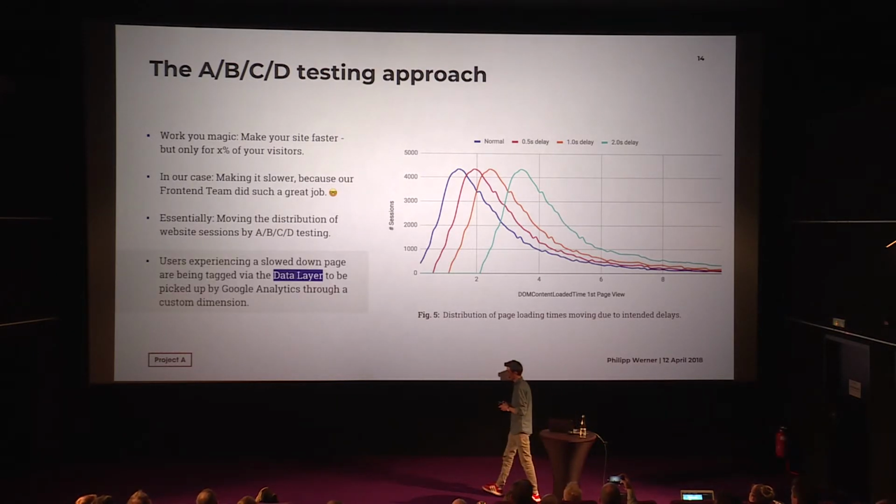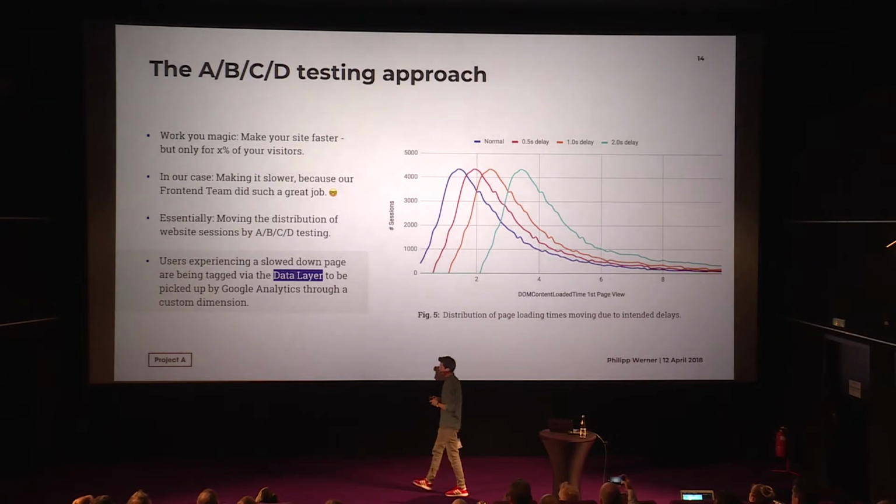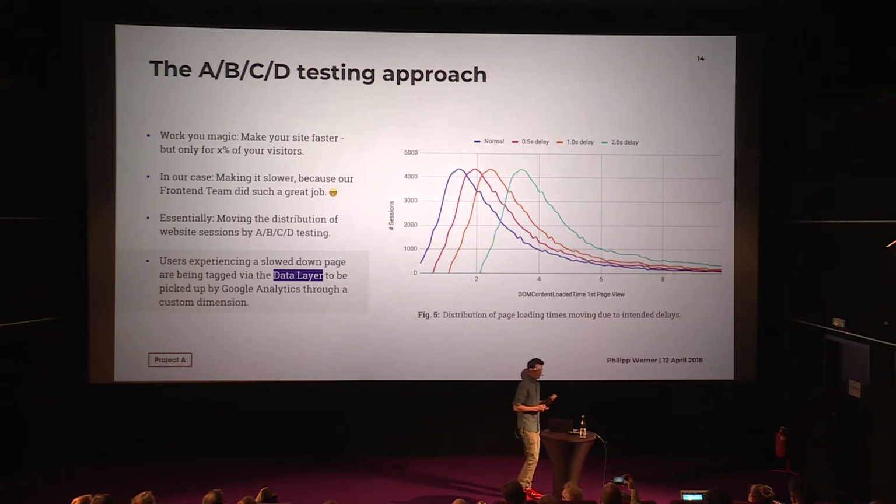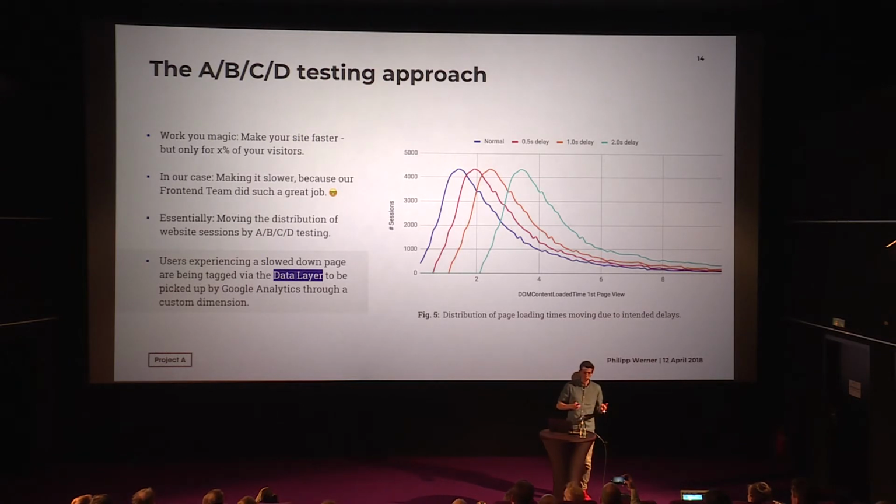How do we measure that? We basically tag all the slowed down variants, all the users that experience a slowed down page via the data layer, so that it is going to be picked up by Google Analytics via a custom dimension. So we have that information back in Google Analytics.